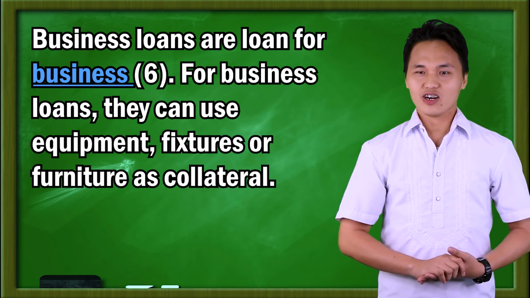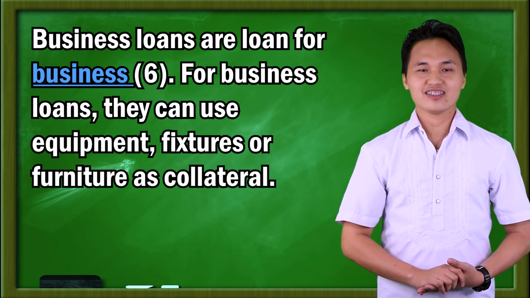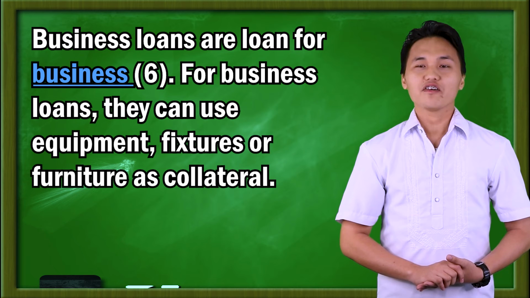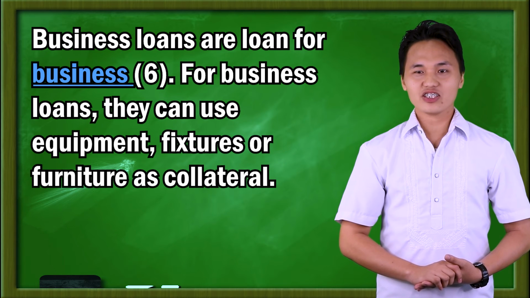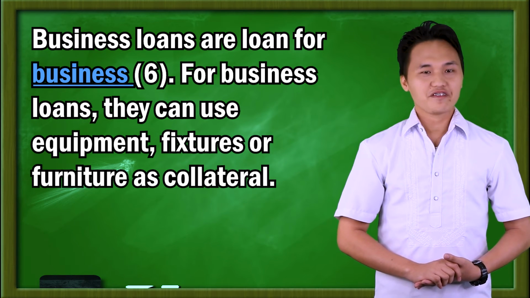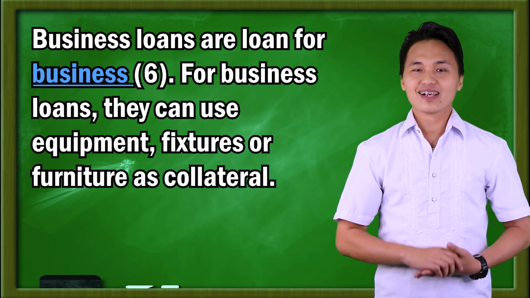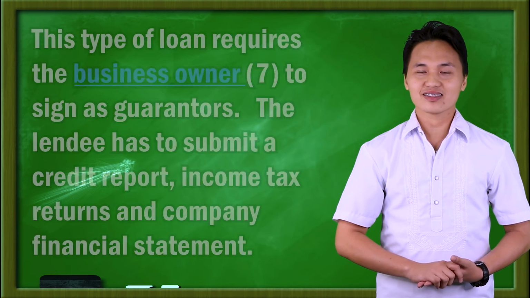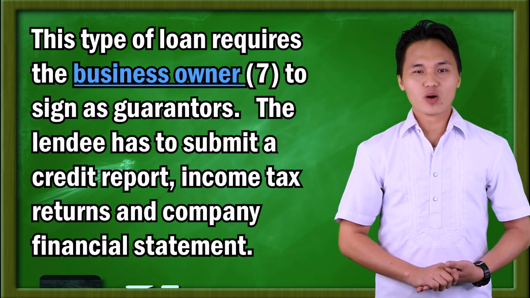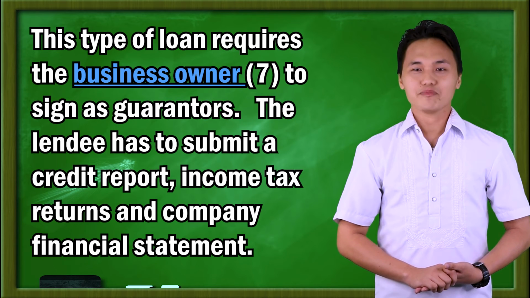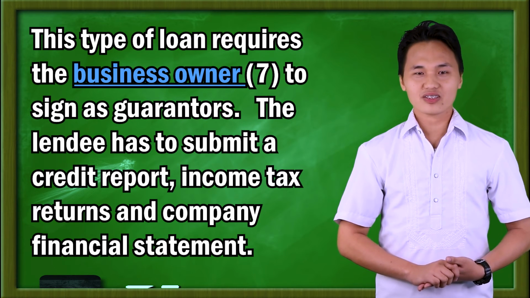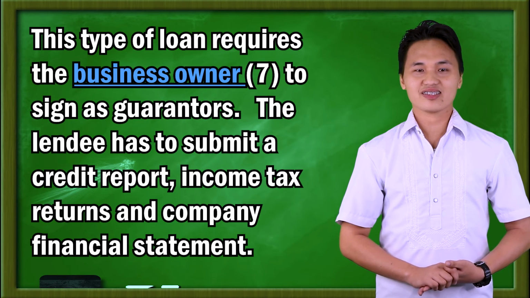Business loans are loans for business. For business loans, they can use equipment, pictures, or furniture as a collateral. This type of loan requires the business owner to sign as guarantors.